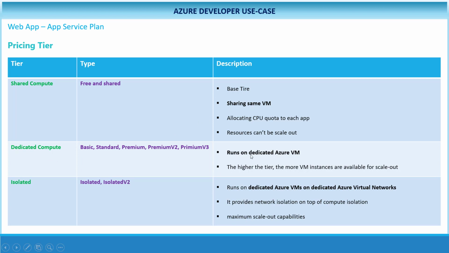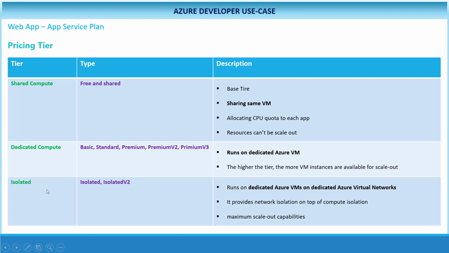Dedicated compute runs on a dedicated Azure virtual machine. And we have basic, standard, premium, premium V2, V3. As we go to higher tiers, we can use more VM instances for scale out. If we go to premium V2, having more VMs available, we can select more VMs from premium.